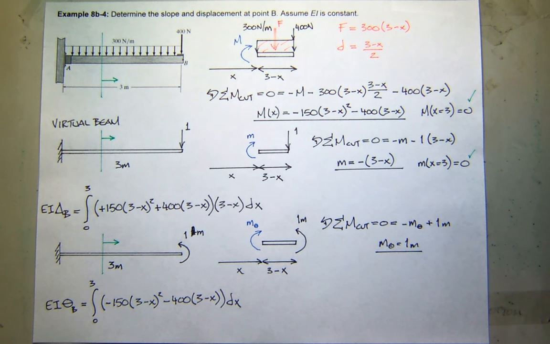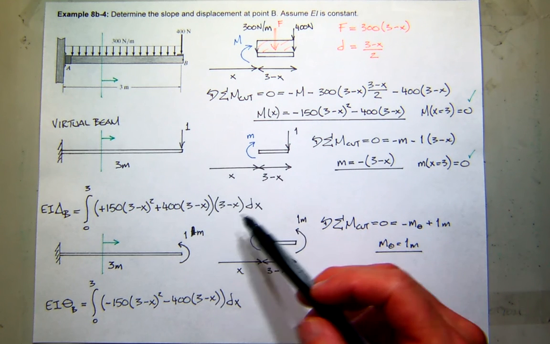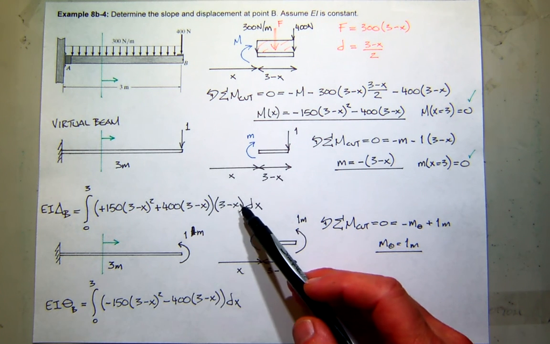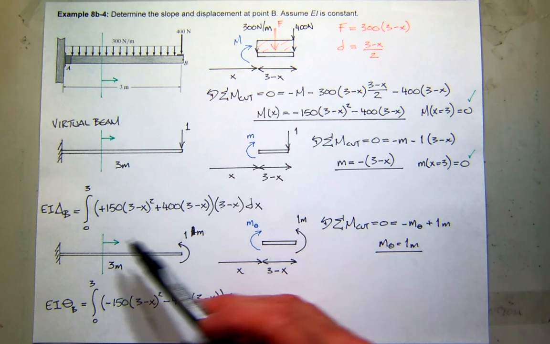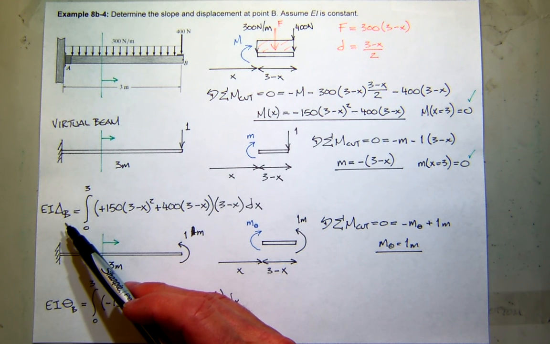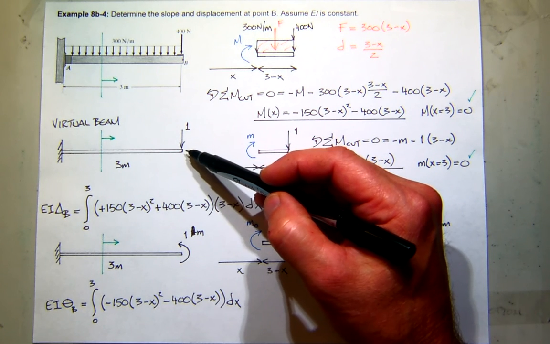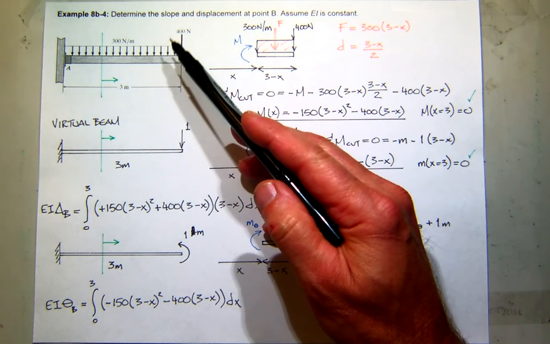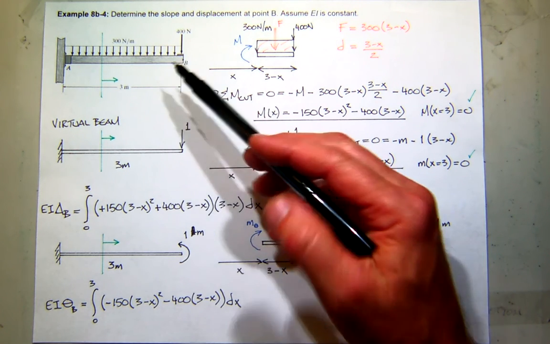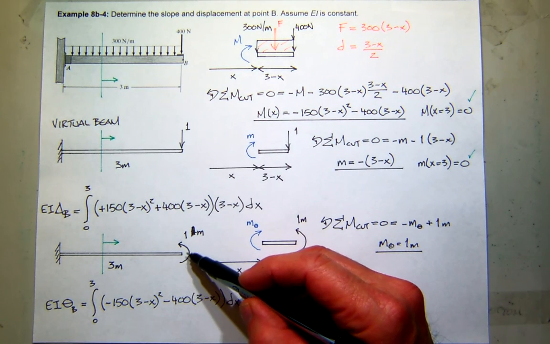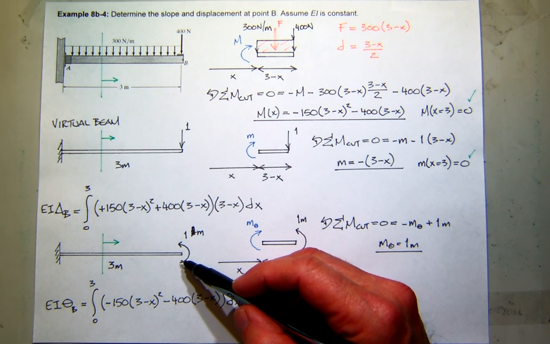Now we can do a few qualitative things. If you look at this integrand, you can see all the terms are positive. So this value for the displacement will come out positive, which means we assumed it went down, so that's the correct choice. The end of the beam is going down, and that makes sense. On the virtual slope, we assumed that a moment would create what kind of slope in the real beam?